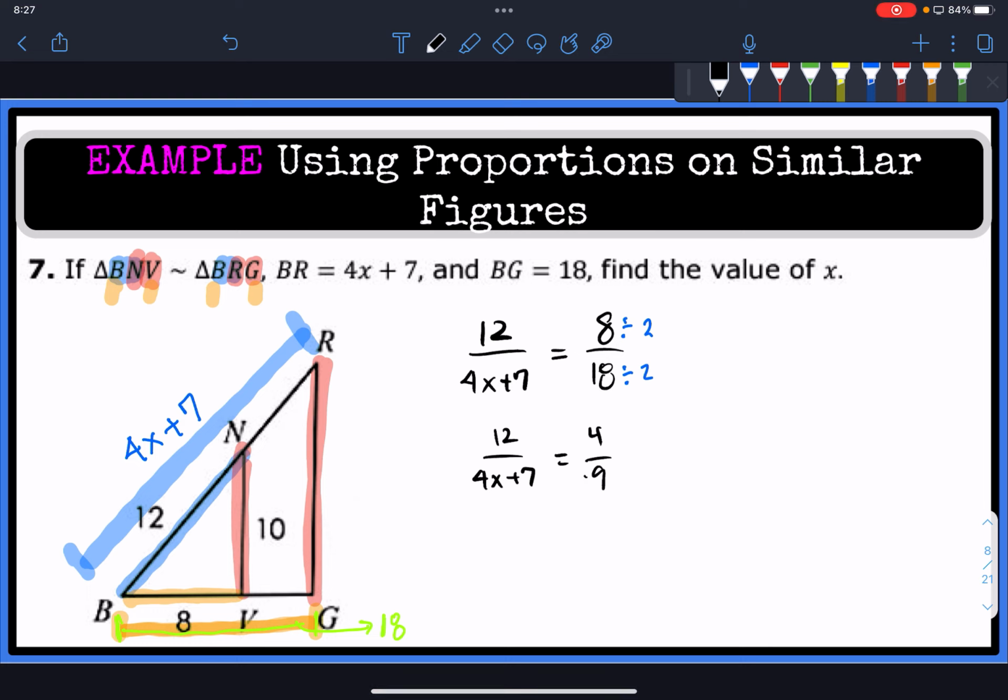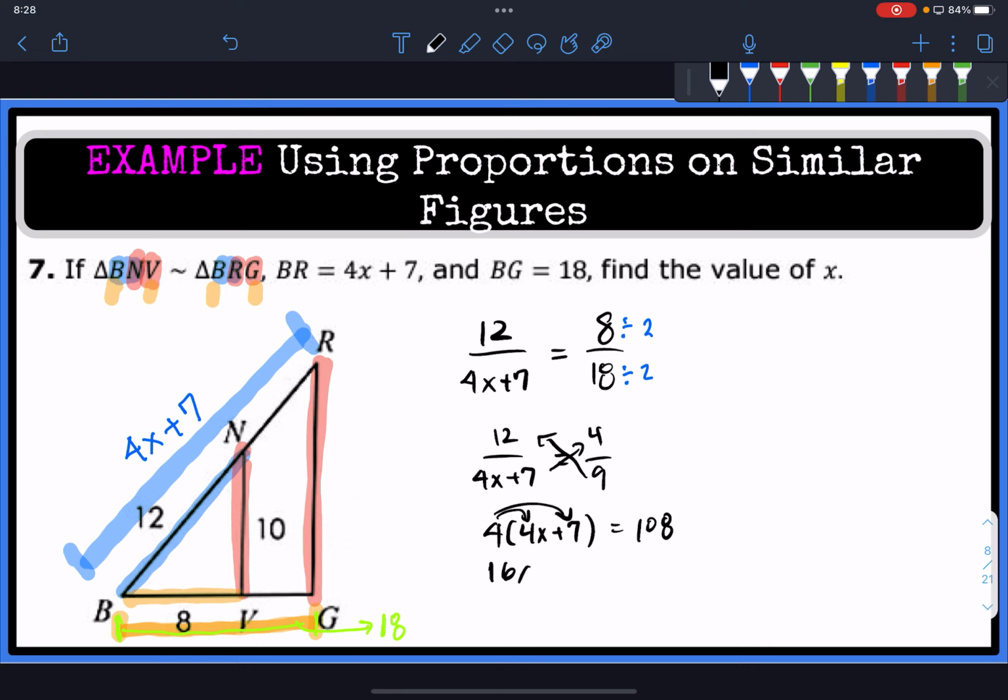So we end up cross multiplying. We multiply 4 with 4x plus 7. And instead of multiplying 18, we're going to multiply 9 with 12, which is equal to a total of 108. So I just multiplied that instead of writing it over. Here I didn't want to write this and multiply that immediately. I want to set this up so you see what that looks like, and to remind you that we are distributing.